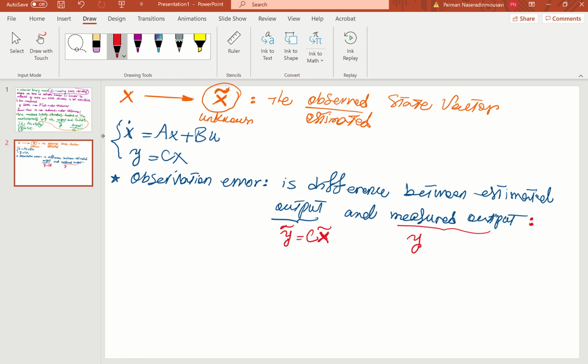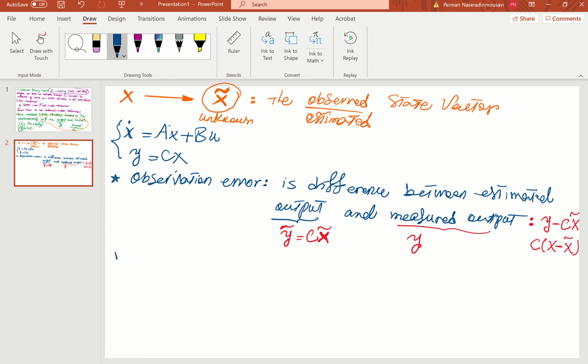So the observation error is y minus C x hat. Because y is Cx, it is going to be C times x minus x hat. That's right, this is the observation error.